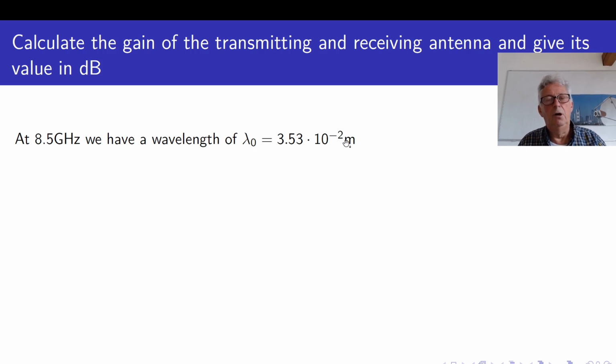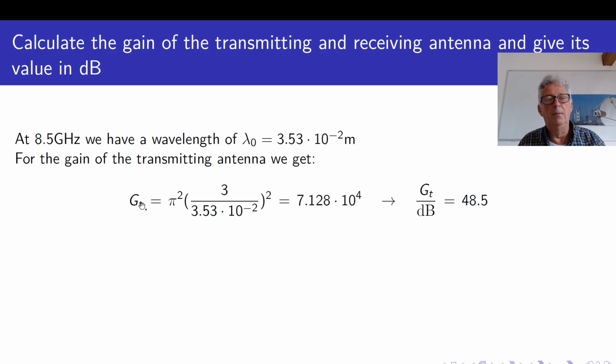And if we use our equations, then we end up in a linear scale of GT. The gain of the transmitting antenna would be 7.128×10⁻¹⁰, which corresponds to 48.5 dB.